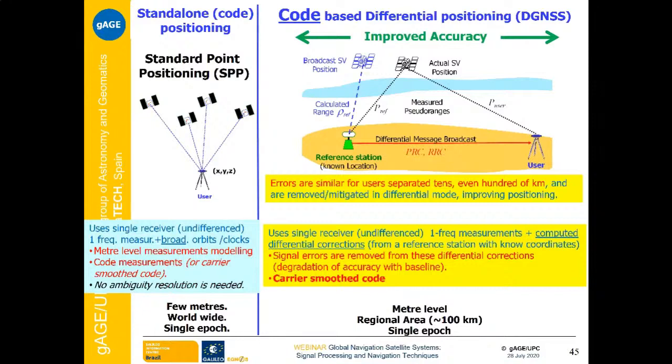There is a degradation with the baseline, as has been shown by my colleague in the experiment, and we use smoothed code, code measurements smoothed with carrier. As I commented, we can achieve meter or sub-meter level in a regional area and in single epoch.